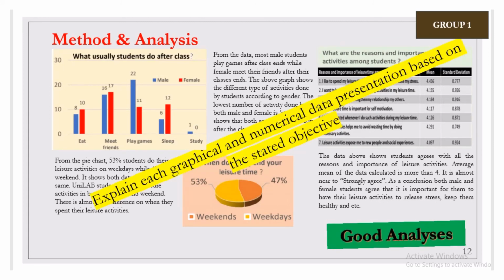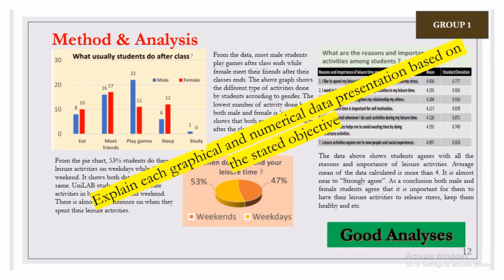This is an example of a good method and analysis report. Each graphical and numerical data presentation contains correct X and Y axis labels along with appropriate titles and a clear legend.